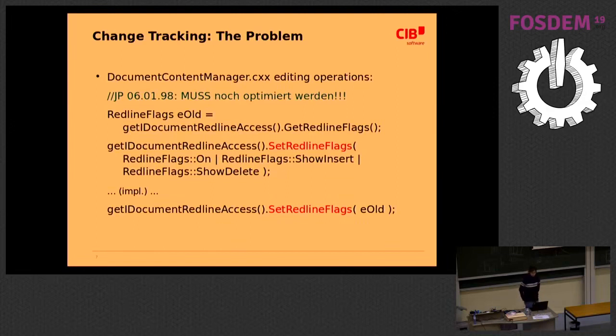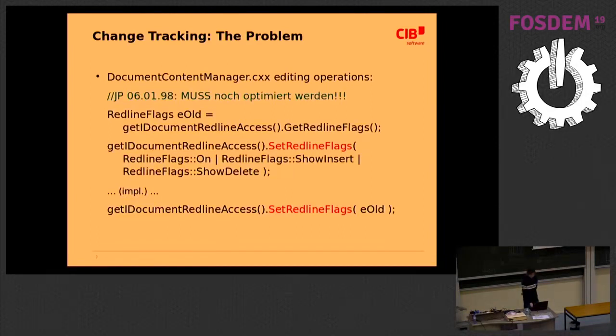It first saves the current setting of this document model, show or hide, and then it moves the redlines in the document model to be in the body text, because what comes next, the implementation of this editing operation, can only be performed if the redlines are actually in the body text. And at the end of it, all of the redlines in the document are moved again to where they were previously.